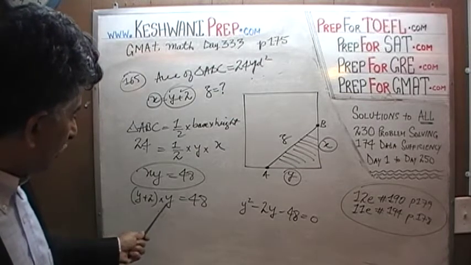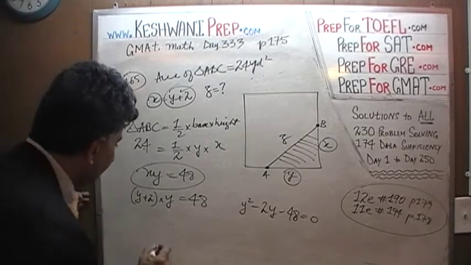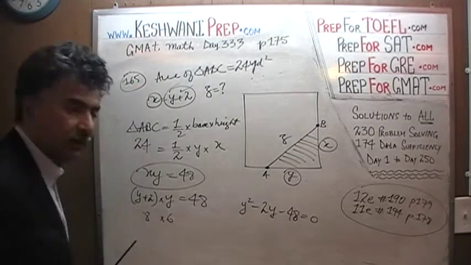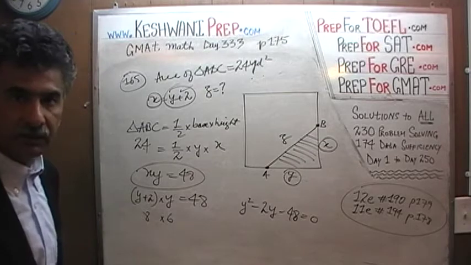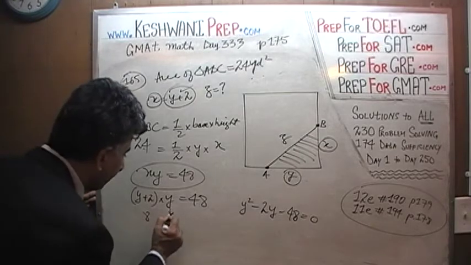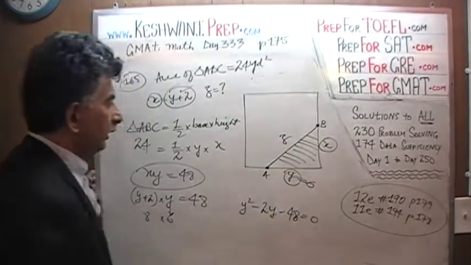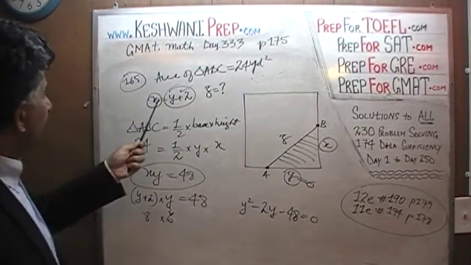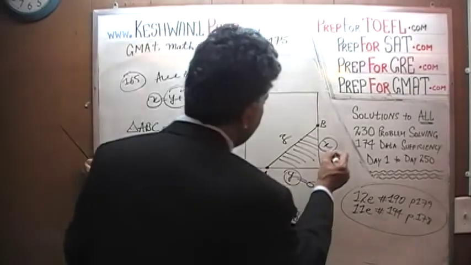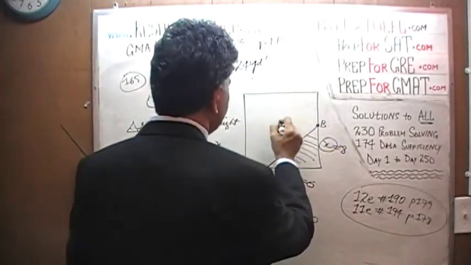This guy has to be 2 more than this guy. Obviously, it is 6 times 8. 8 times 6 is 48. Our y is 6. Y is right here, it is 6. Our x, which is y plus 2, is 8. Question is, how much is z?